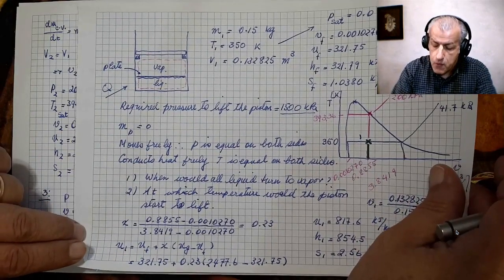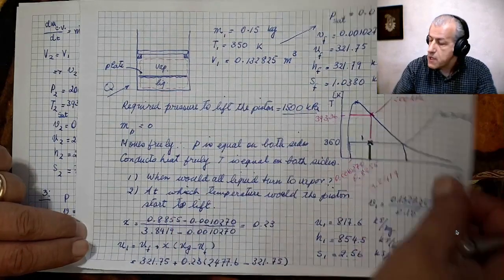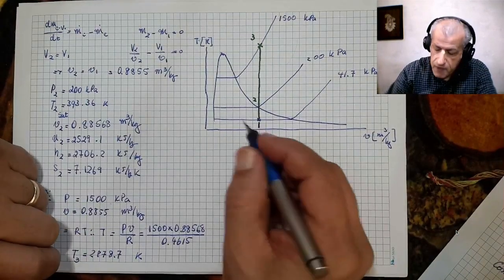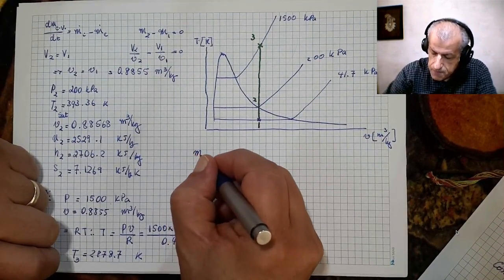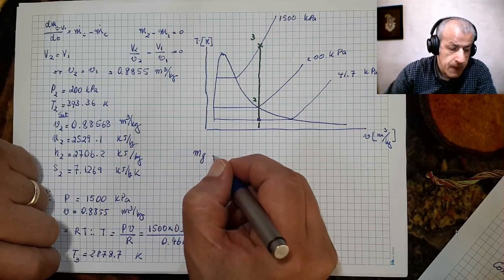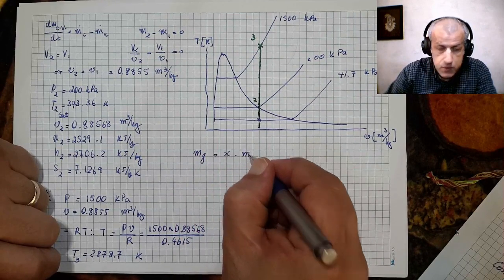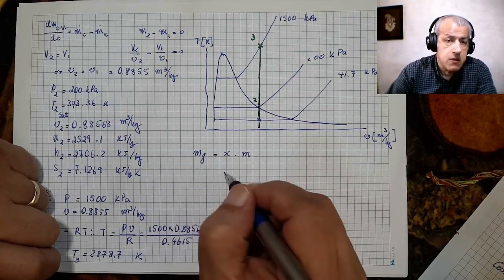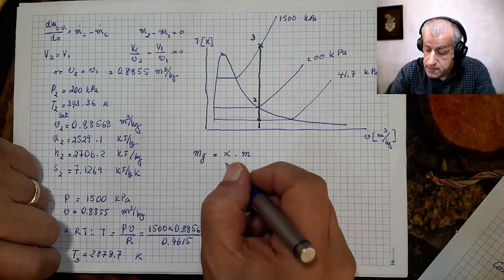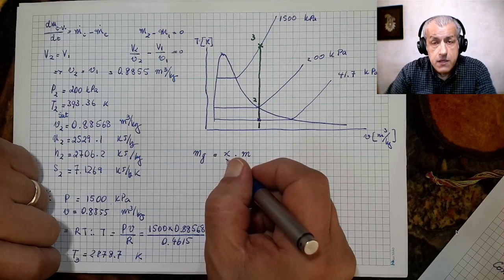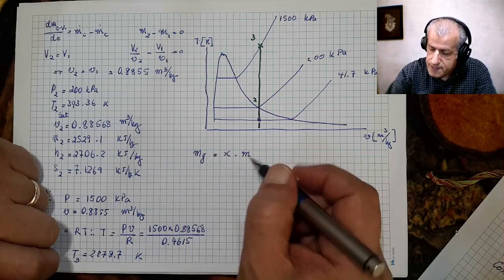So we have to measure the mass of the vapor here. And the mass of the vapor is easy to calculate because m_g, which is the mass of the vapor, is x times the total mass, the mass of water. This is by definition. And this is the definition of the quality, which is the mass of vapor divided by the total mass.